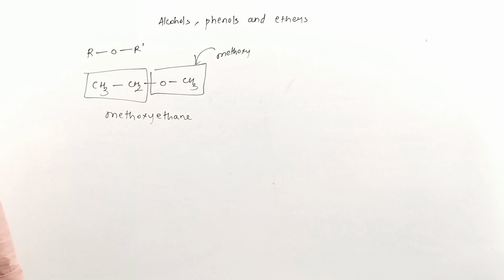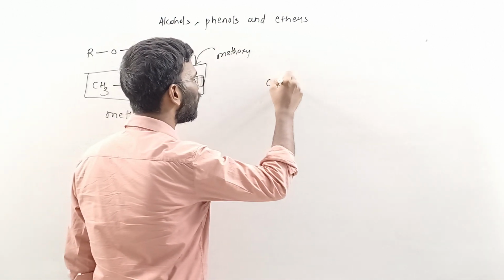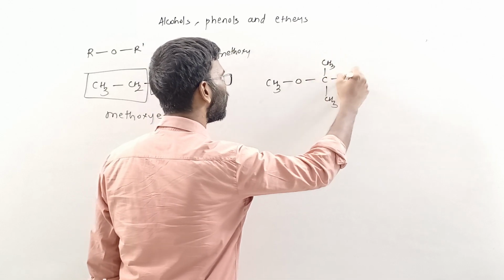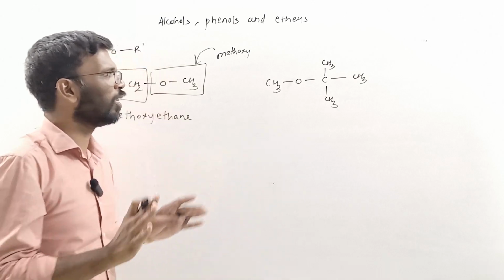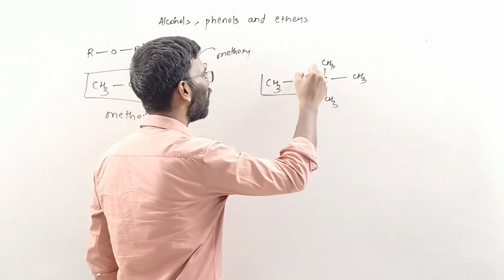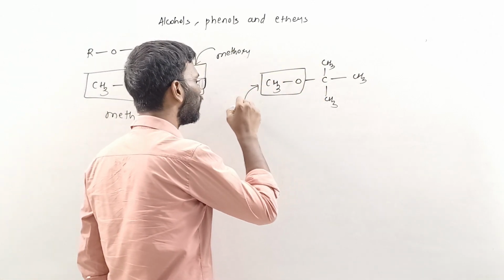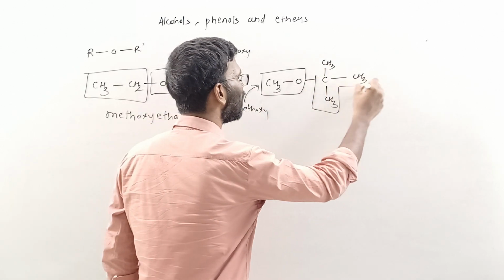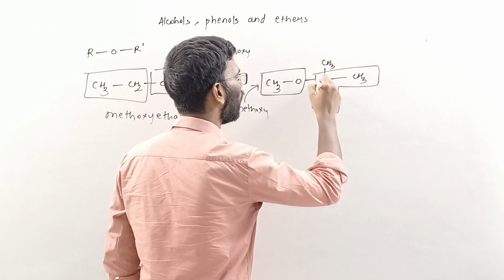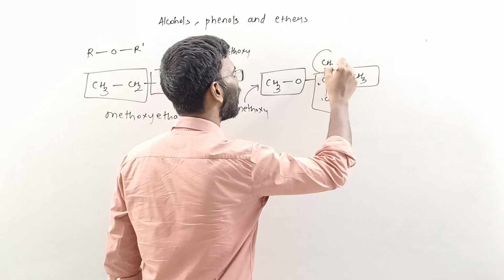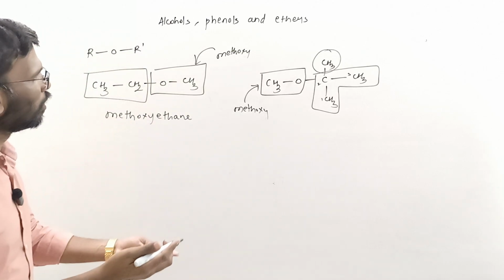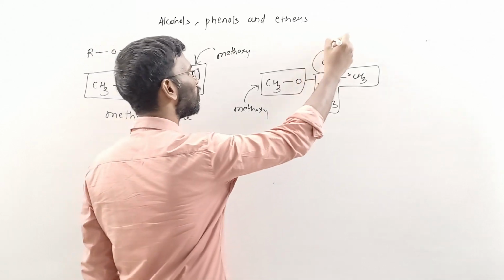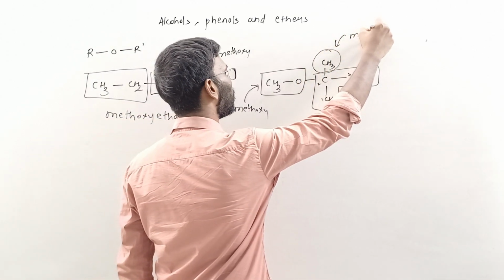More examples could be this way. CH3O, CH3, CH3 and CH3. Now over here if you see, this is again a methoxy. Methoxy is a functional group. And if you see, this is the parent chain. I'll call this 1, 2, 3, and this is again a substituent, right? So now you tell me, methoxy comes first or methyl comes first? This is methyl.